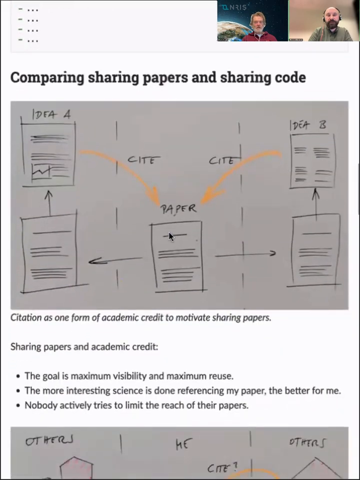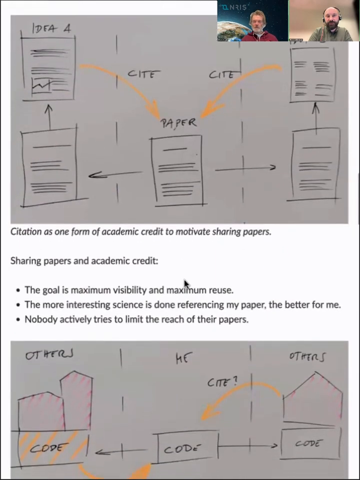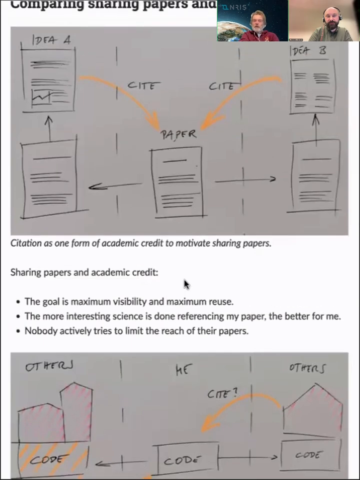Now if we go back to the lesson, what about these two pictures here, Bjorn? Yeah, well, we know that we can cite others' papers and from others' research we get new ideas.